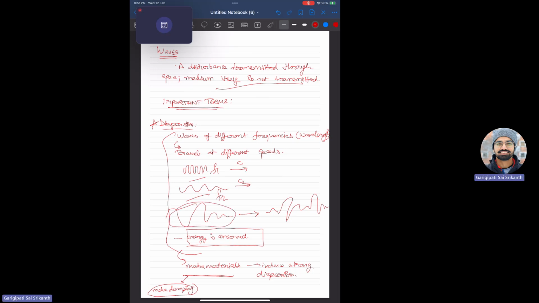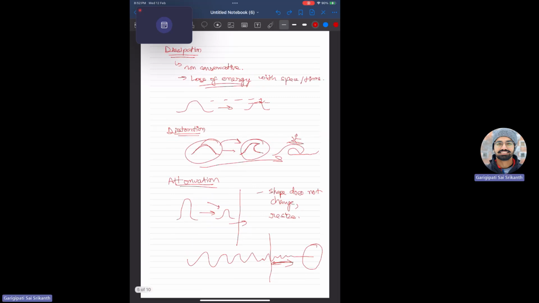If you have something made up of multiple frequencies, then you'll see that various frequency components travel at different wave speeds, and that changes the shape. And in dispersion, the energy is conserved. It's just the speed that is altered. So we use this principle fundamentally in metamaterials.